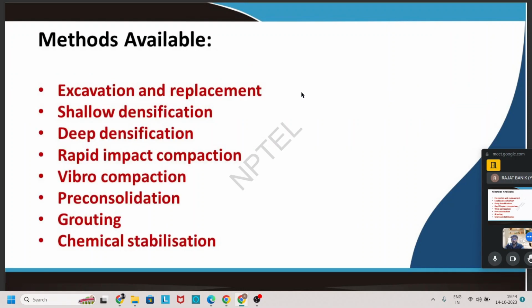To improve the ground, we need different types of geotechnical ground improvement techniques, and the most available methods are excavation and replacement. We already discussed all these things: shallow densification, deep densification, rapid impact compaction, vibro compaction, pre-consolidation, grouting, chemical stabilization. All the things we discussed.